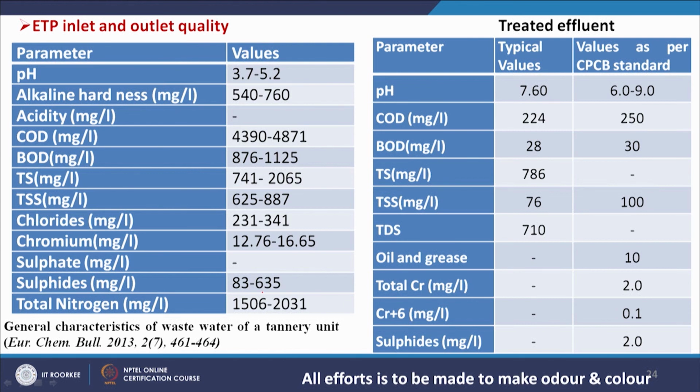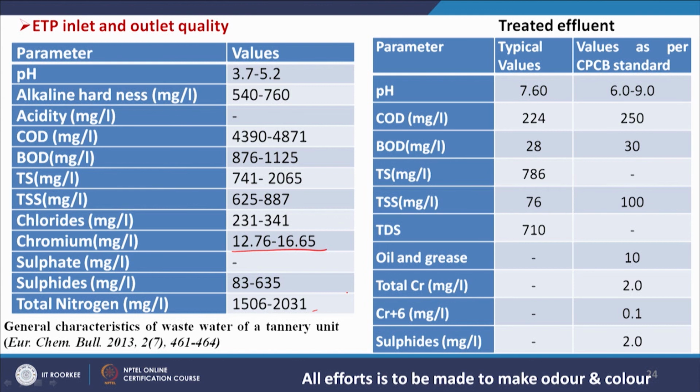So, this gives the composite characteristics: pH 3.7 to 5.2, alkaline hardness 540 to 760, COD 4390 to 4871, BOD 876 to 1125, TS 741 to 2065, TSS 625 to 887, chlorides 231 to 341, chromium 12.76 to 16.65, sulphides 83 to 635, and total nitrogen 1506 to 2031.